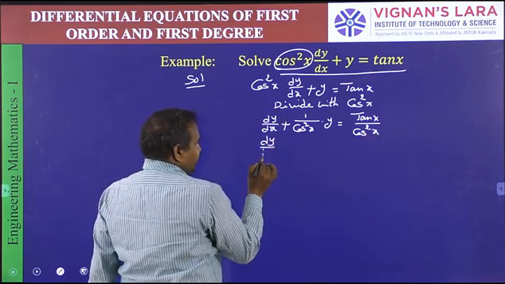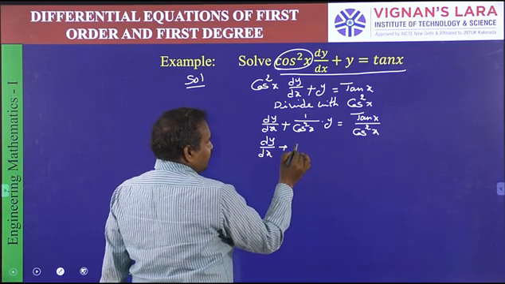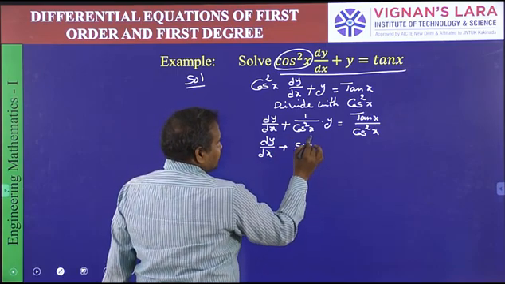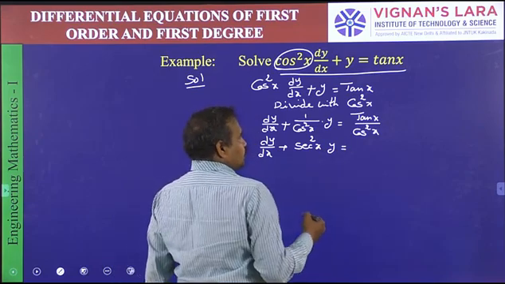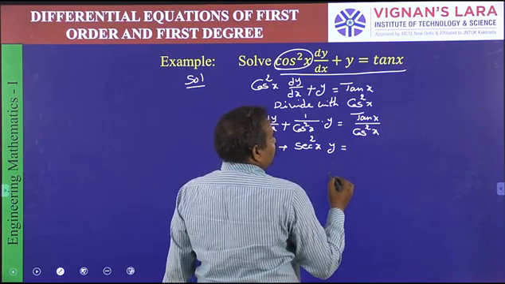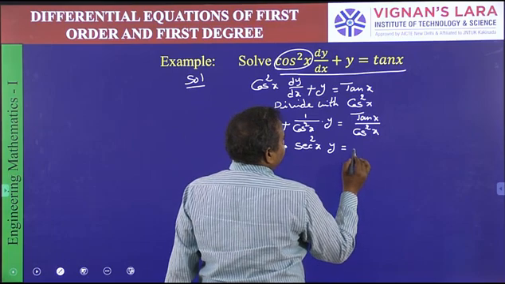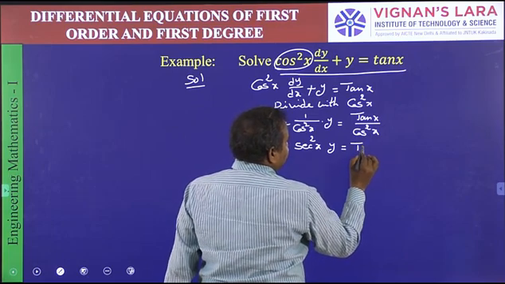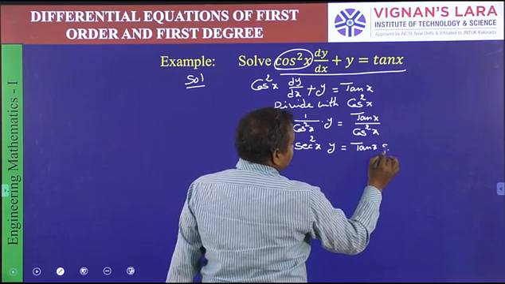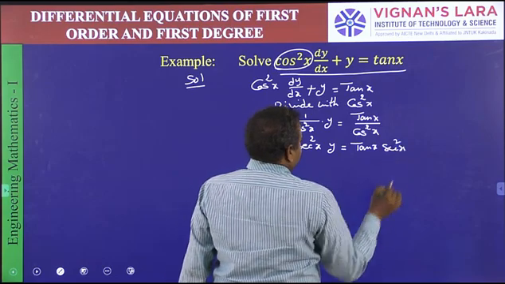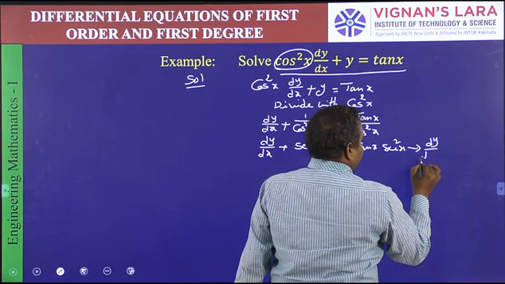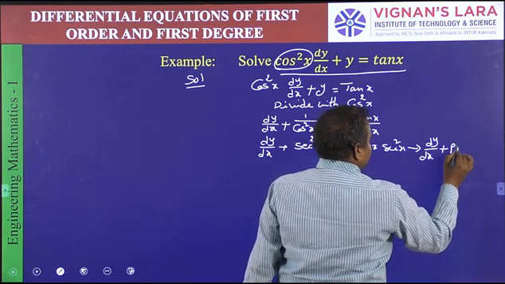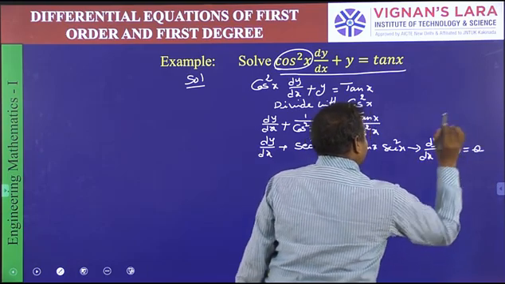That is, dy by dx plus secant square x into y is equal to tan x into secant square x, since 1 by cos square x can be written as secant square x. So this is also in the standard form of dy by dx plus py is equal to q.